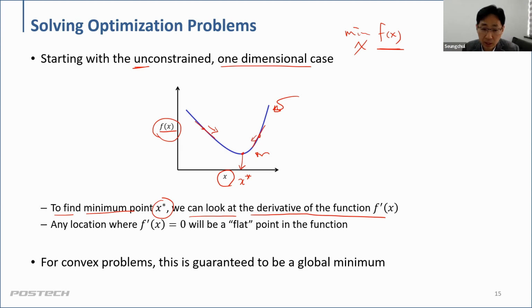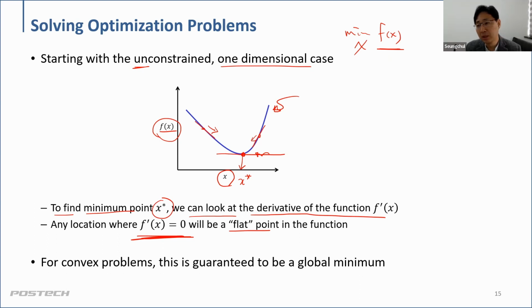And once we do that, here, if the slope is flat, that means either there's a maximum point or a minimum point. I'm talking about the minimization problem, so probably it's going to be the minimum point. Any locations that satisfy this will be flat points. I'm not saying it's either minimum or maximum. It's a flat point. That's obviously true.